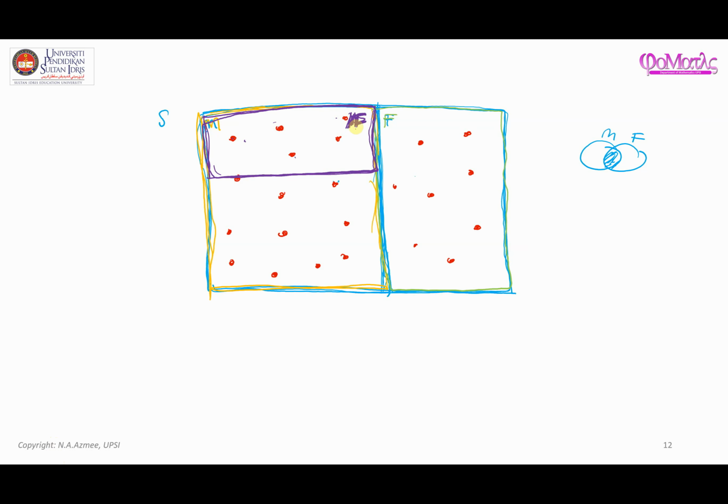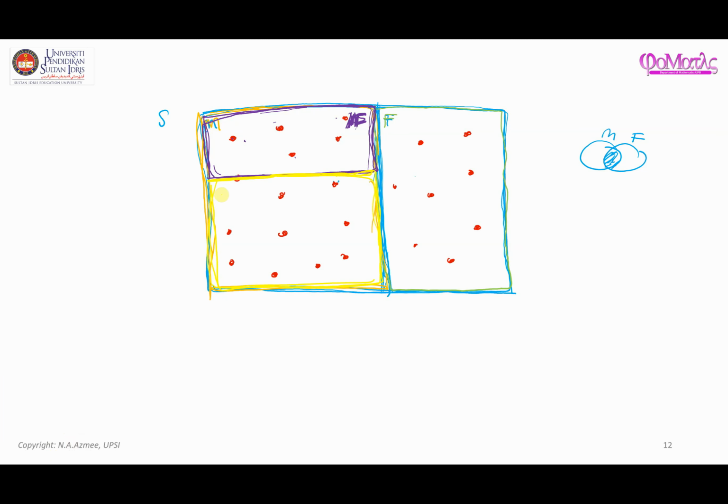So in favor and also male is denoted by this purple area, and there is an intersection here because purple is inside the male set. Now this one here is a bigger area for against.